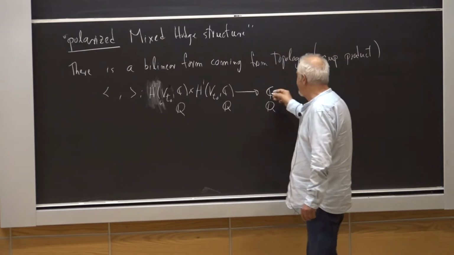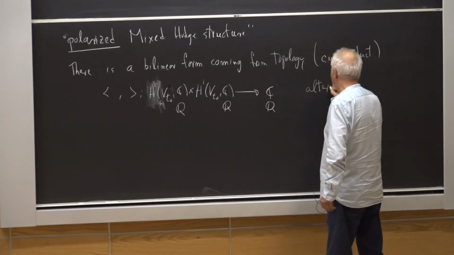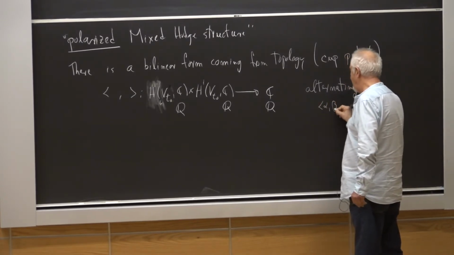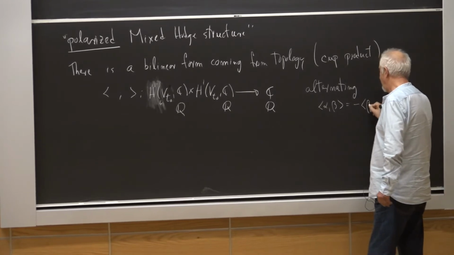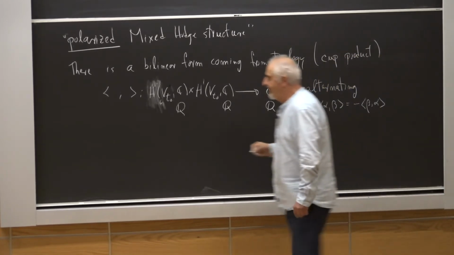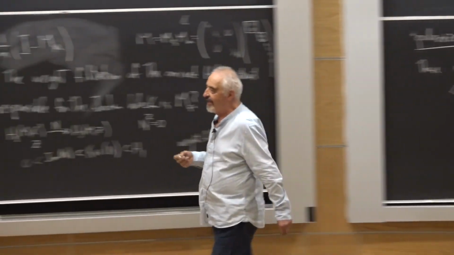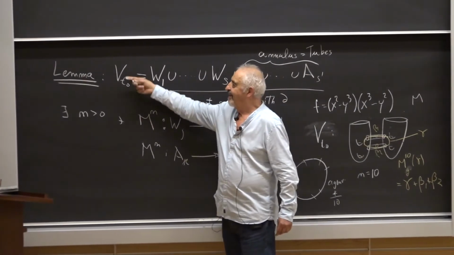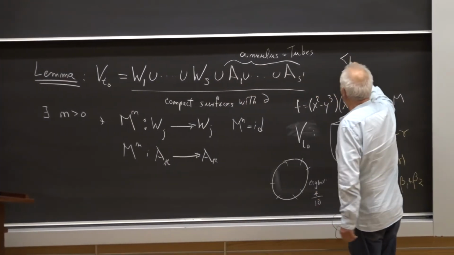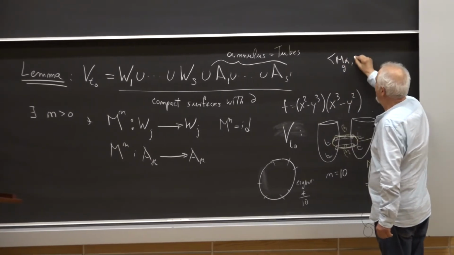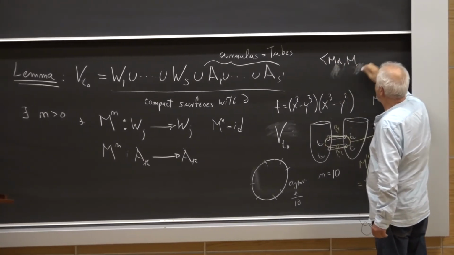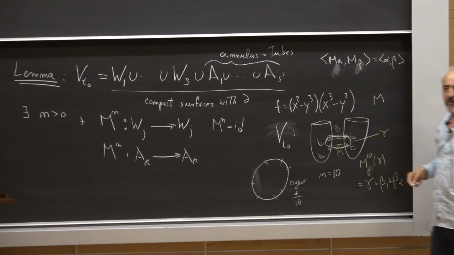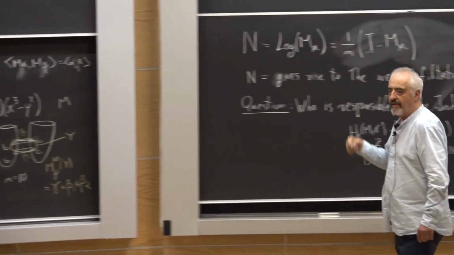This is an alternating bilinear form, which means that if I put alpha, beta, and if I change them, this is minus beta alpha. Now, it turns out that since M is a diffeomorphism of the surface, we will have that M of alpha, the geometric, or the algebraic, whatever, with M of beta is equal to alpha with beta. So a diffeomorphism leaves invariant the coproduct.